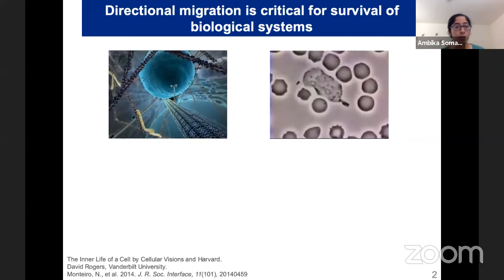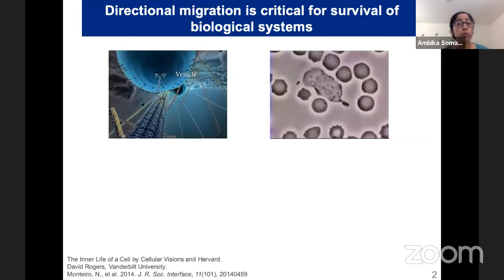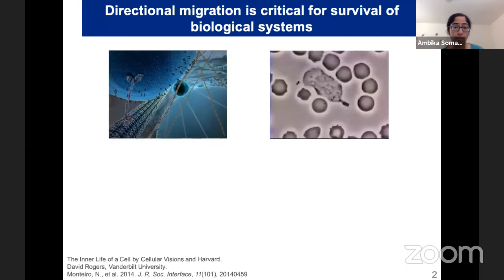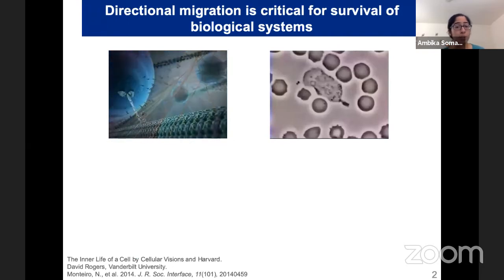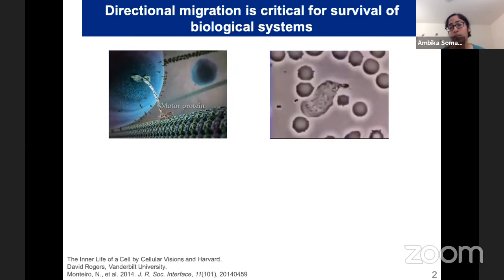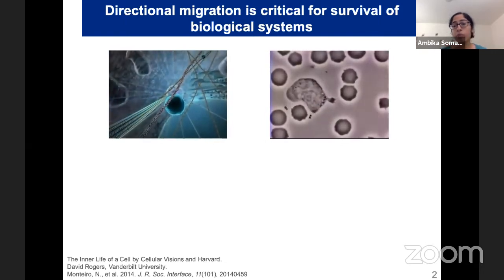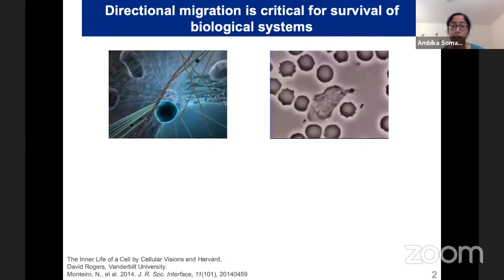Here is an example of a vesicle that is being transported across a cell through the chemical conversion of ATP and the conversion of chemical energy into mechanical motion. Here's another example of a white blood cell that is seeing a foreign particle in its environment, sensing it and moving towards it, and ultimately engulfing it.